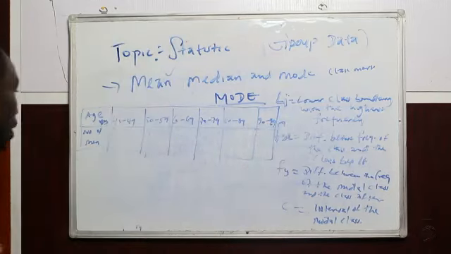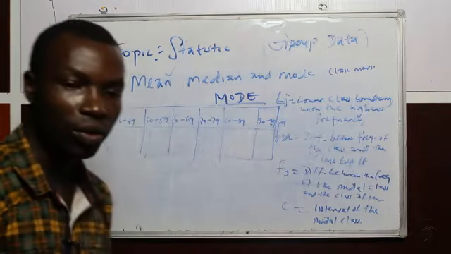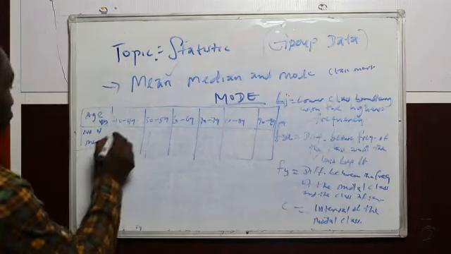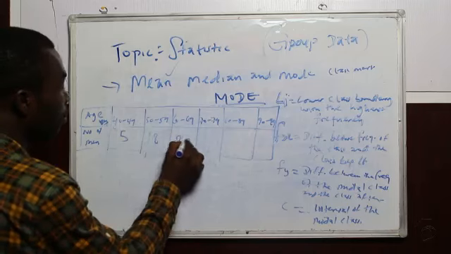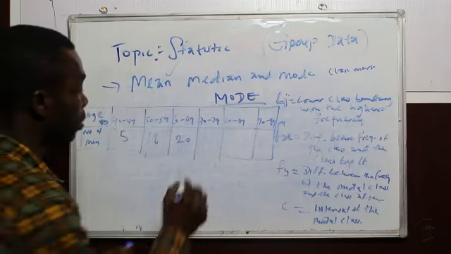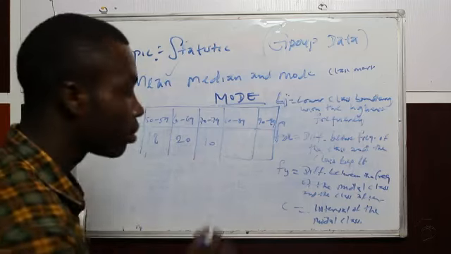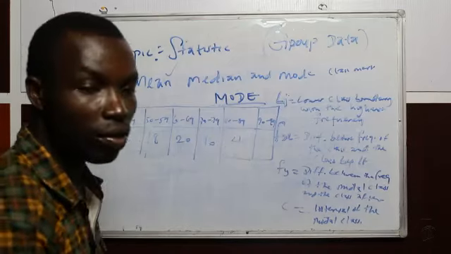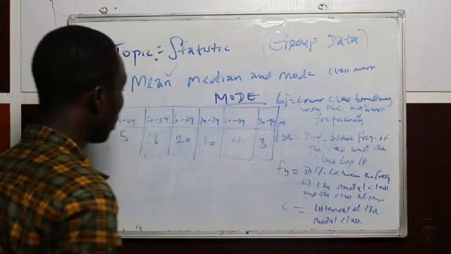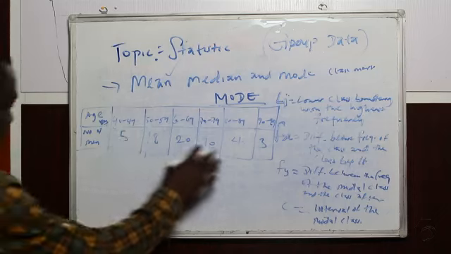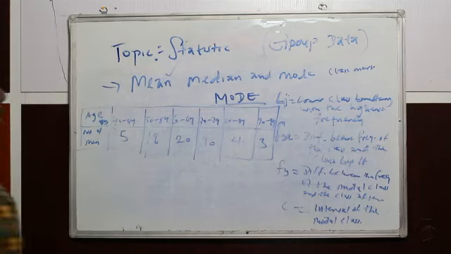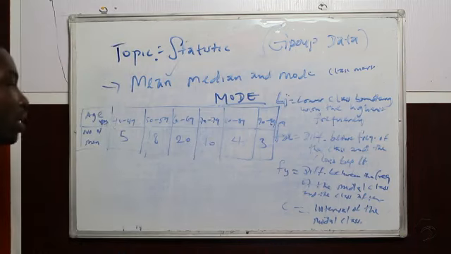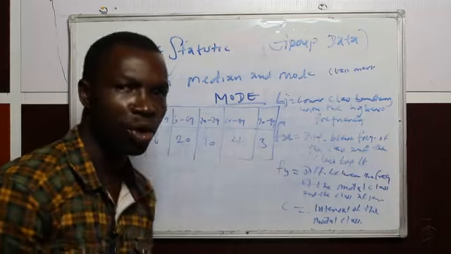Now, the number of men that fall between 40 to 49 are 5. The next one, 8. The next one, 20, the next one 10, the next one 4, the next one is 3. So 5 plus 8, 13, 13 plus 20, 33, 33 plus 10, 43, 43 plus 4, 47, 47 plus 3 is equal to 50 men.